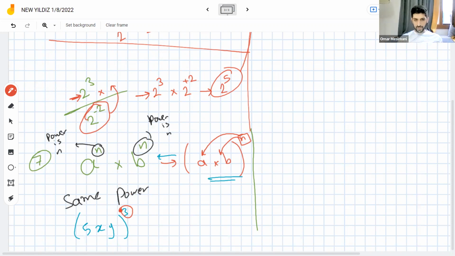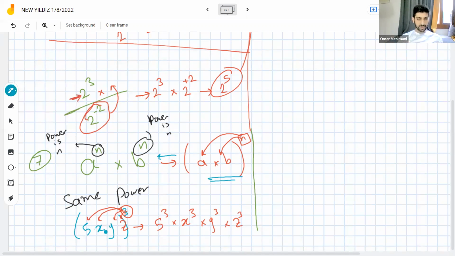So I can say 3 distributed for 5, for X, for Y. The answer is 5 power 3 multiplied by X power 3 multiplied by Y power 3. If you have a Z inside, you also distribute the power 3 for Z. You can keep doing it as long as it's a multiplication inside the bracket.